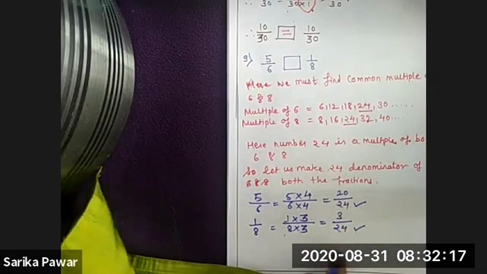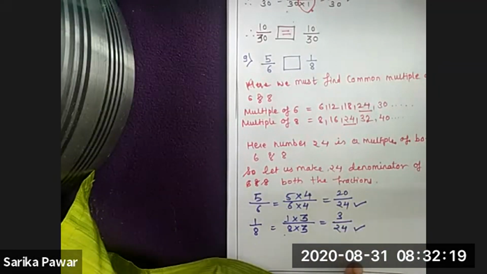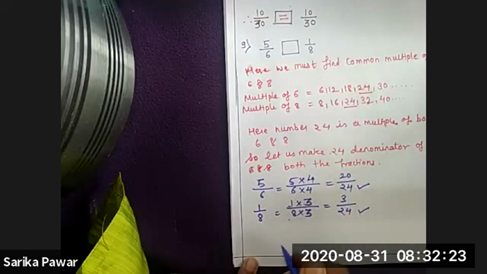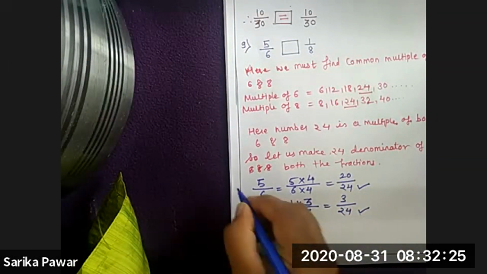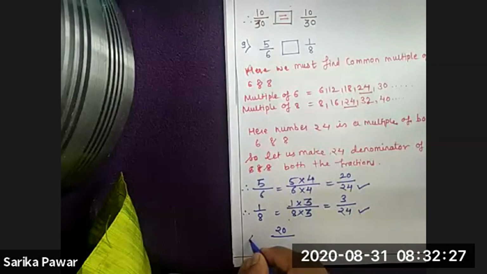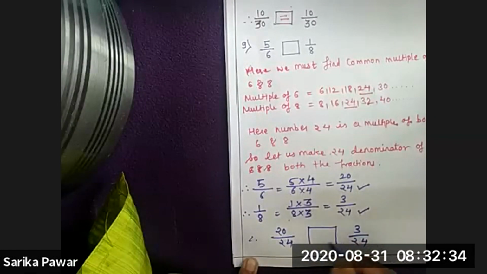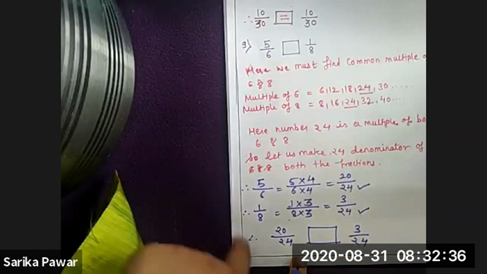I got equal denominator here. So I converted here into the like fraction. So now write down here 20 upon 24 and 3 upon 24. Put box in between and now start comparison.